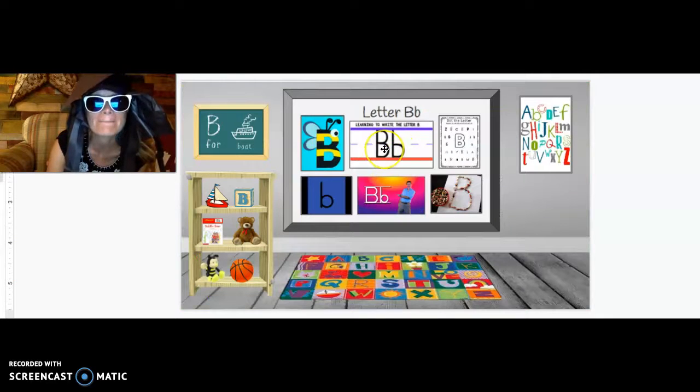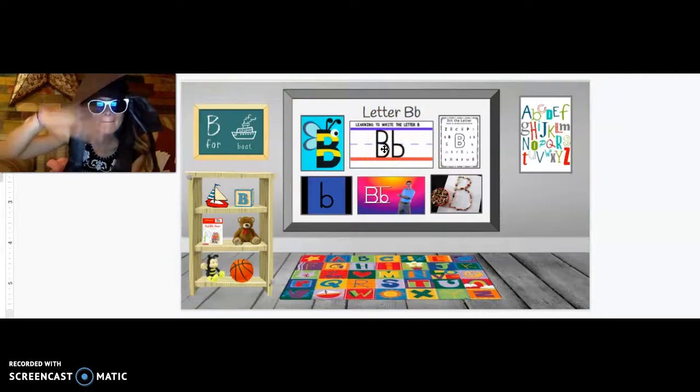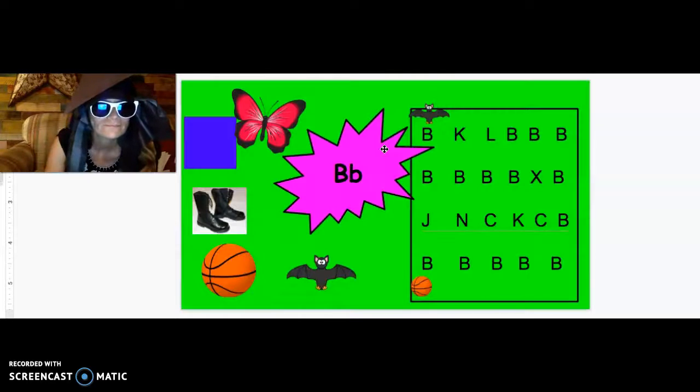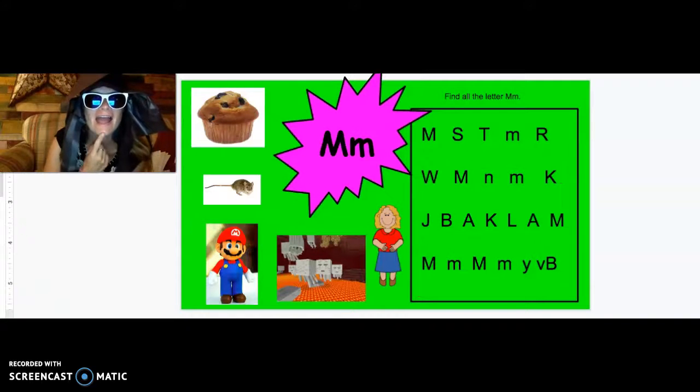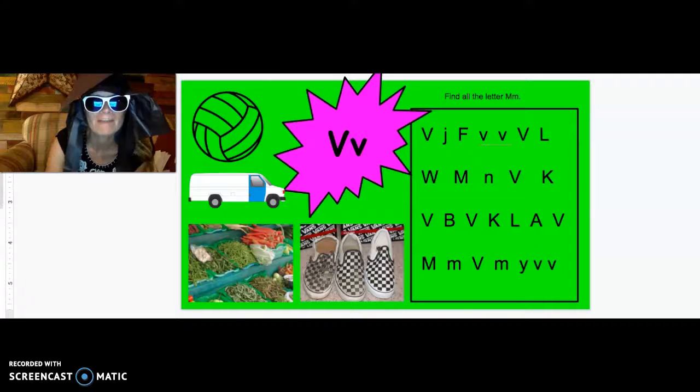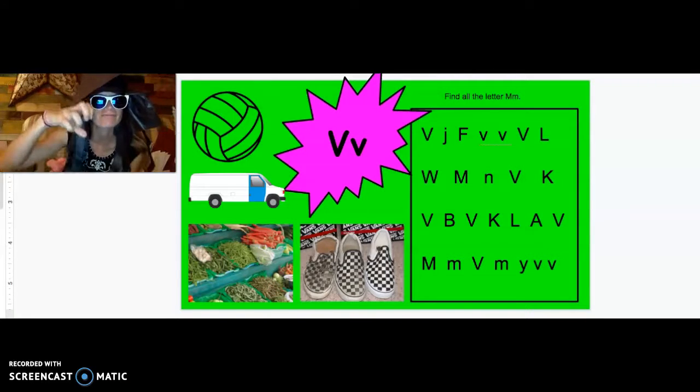This is the letter B. B, B, B, B, B. B is for my friend the bat. This is the letter M. Muffin begins with the letter M. Good. Muffin. V. We talked about V. V is get on that motorcycle, pretend, and that's the sound V makes.